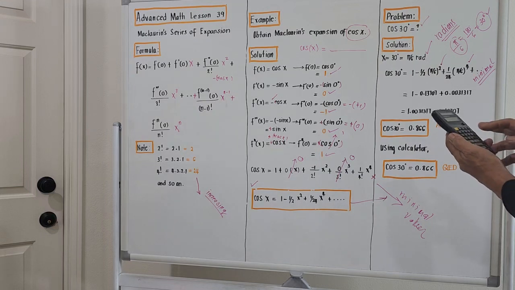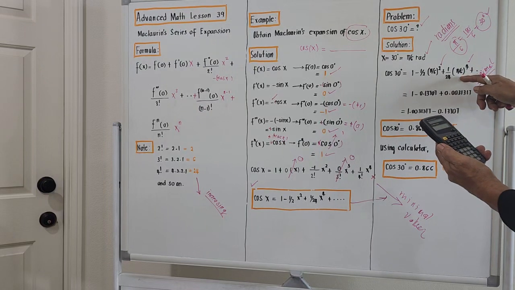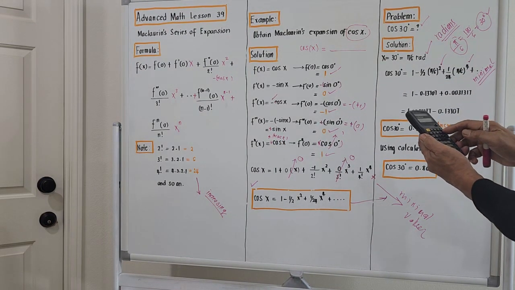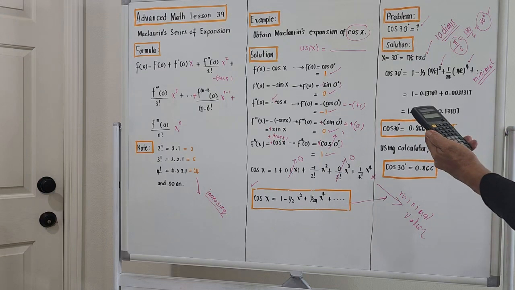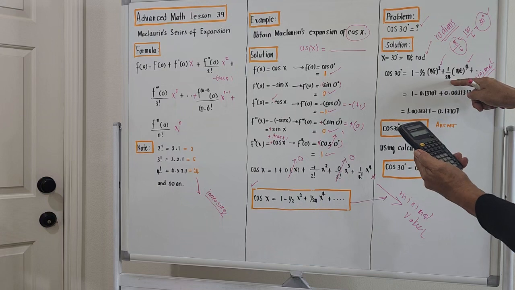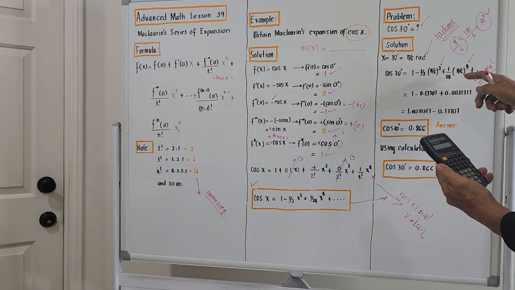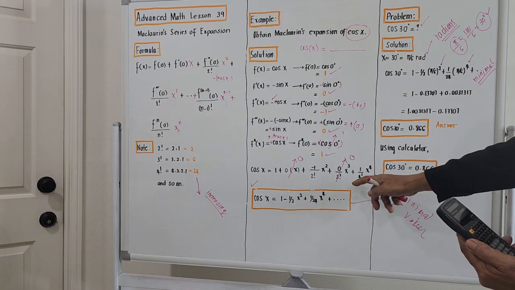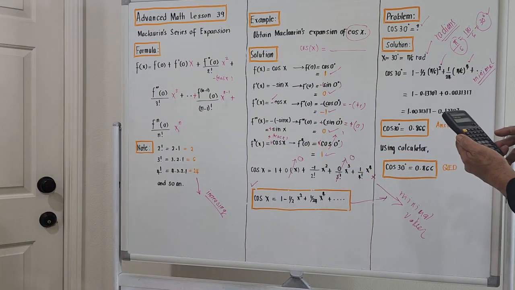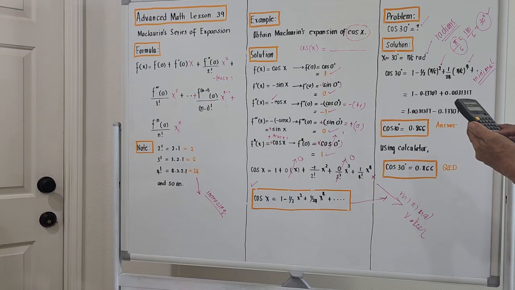And for the second one, this portion here, it's the same. You display pi divided by 6 equals, we got the ratio already over here, but this should be raised to the fourth power. So y to the x, fourth power, equals. Okay, this is 1/24, because 1/24 is actually this part here, 4 factorial, which is 24.